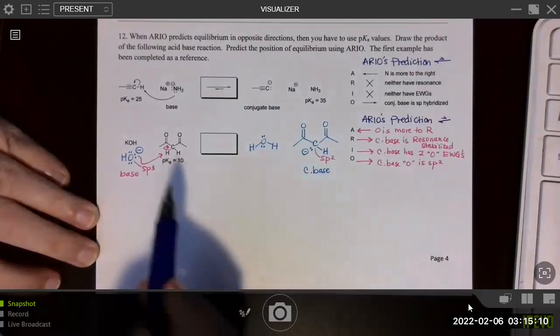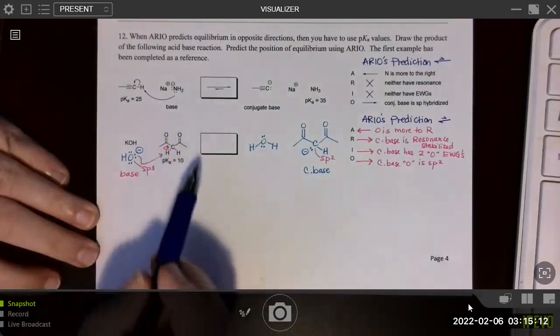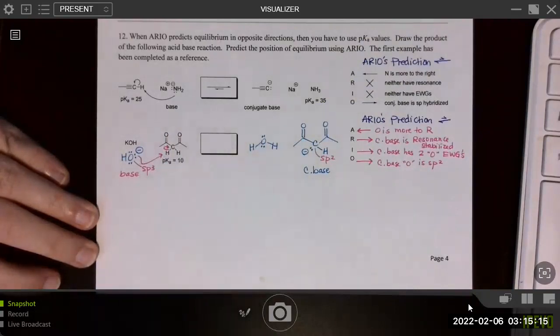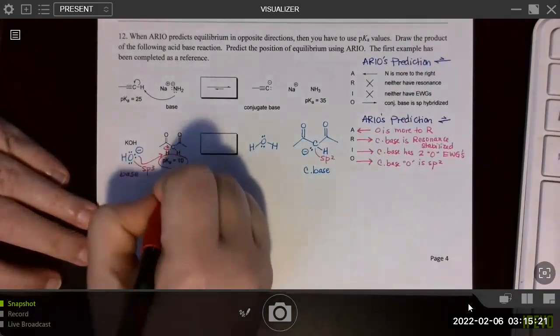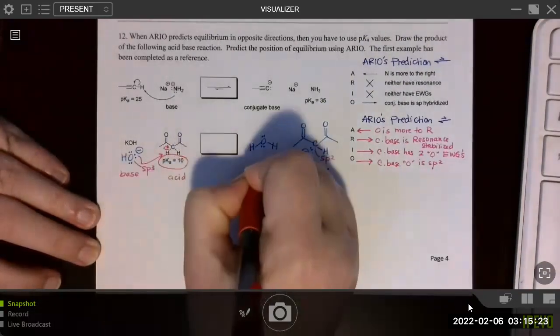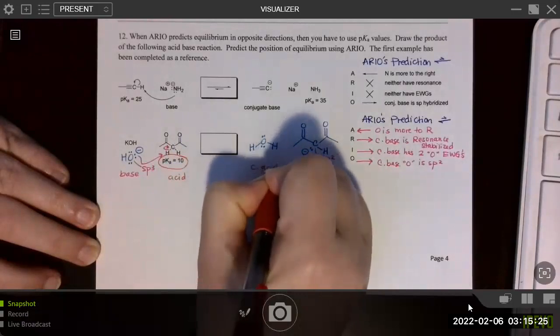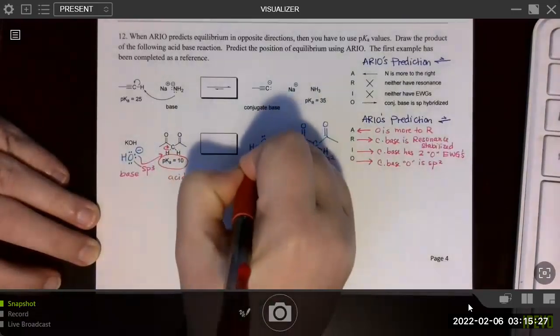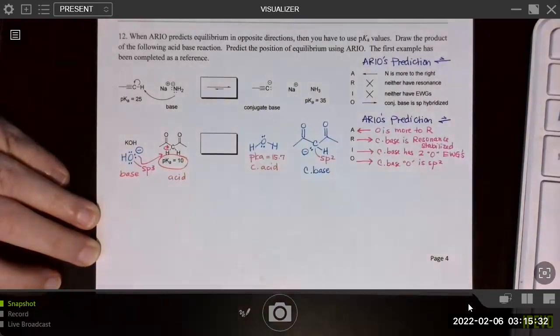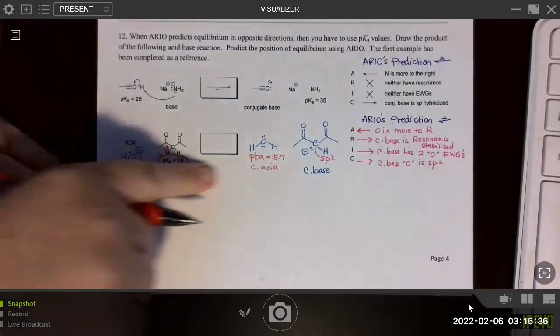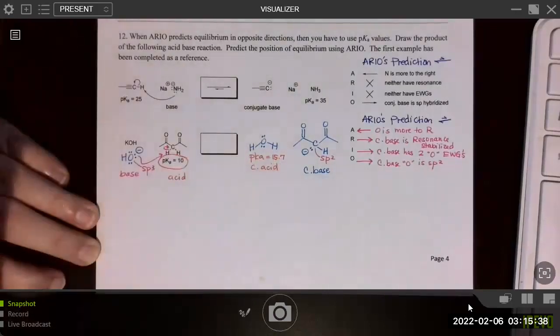So let's see if that actually matches our understanding based on pKa value. We know the pKa value is 10 for the acid, and then we can compare that to the conjugate acid. And we know water's pKa value is 15.7. And so the equilibrium actually lies towards the formation of the weaker acid.